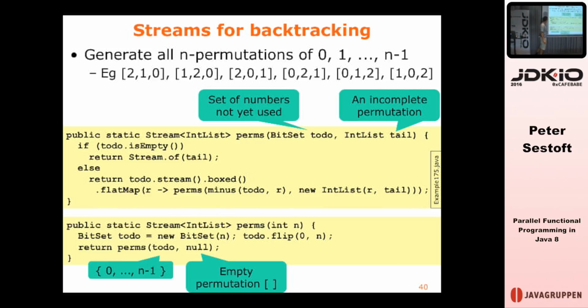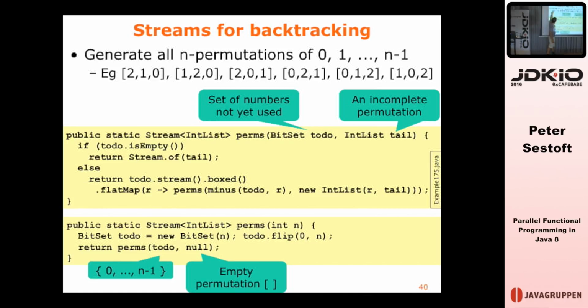So we write a function, perms here, that takes 2 arguments, a bit set of the numbers not yet used in the permutation, and then an int list, which is an immutable incomplete permutation. So the incomplete permutation may be, for instance, the list 0, 1, and then the bit set will contain 2, which is not yet used. The result of the entire thing is a stream of int lists, a stream of permutations.